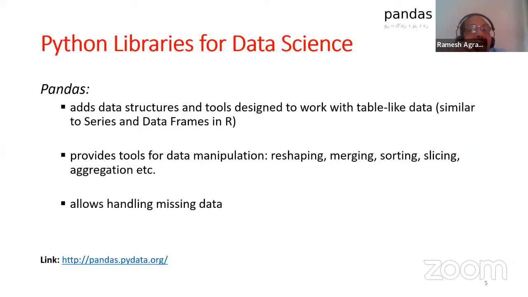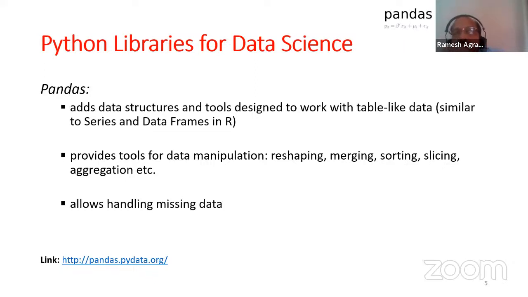Generally, when we talk about exploratory data analytics, our data will most of the time be in tabular form. It provides tools for data manipulation, like reshaping of the data, merging of two data sets, sorting, slicing, and aggregation of the data. And it also allows handling missing values.